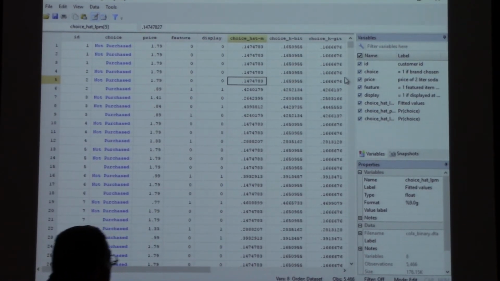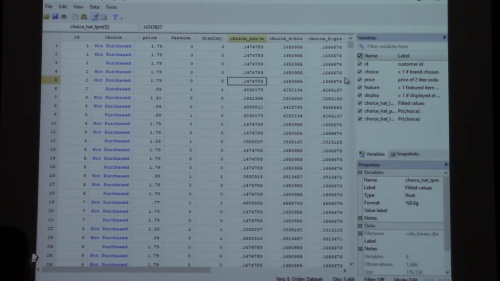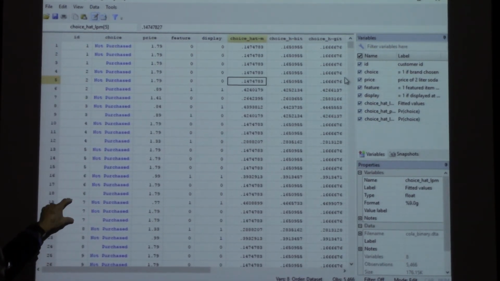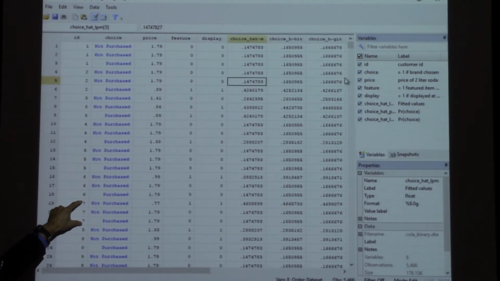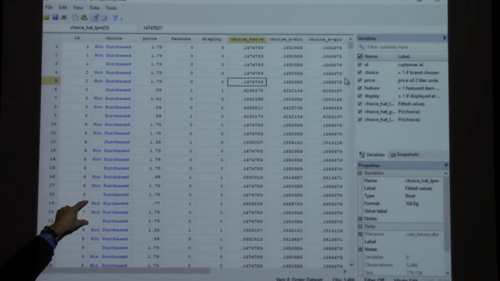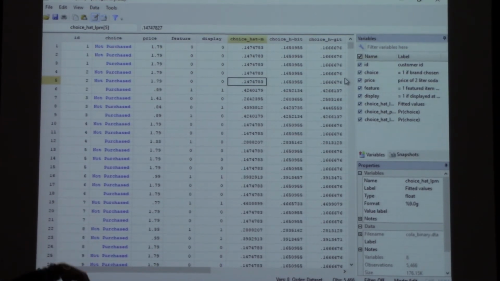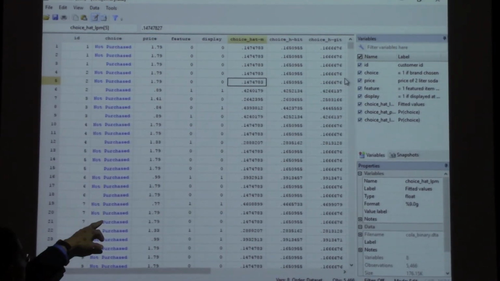If we take any one of these observations, the IDs are actually families. For example, 7 is a specific family, and we have 3 observations for that family. In 2 of those observations, they didn't buy the soda of interest. In one of them, they did.